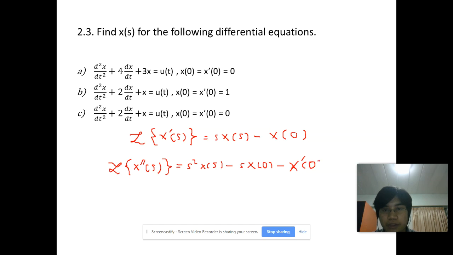And we're going to use these two properties to solve problem A, problem B, and problem C.